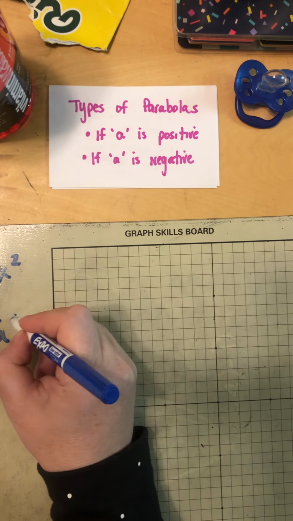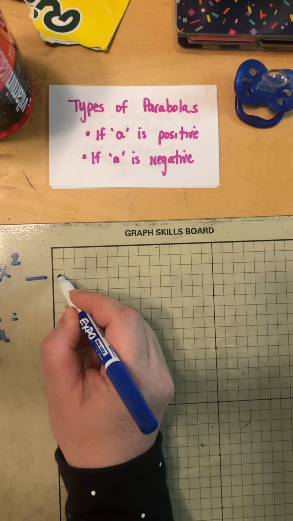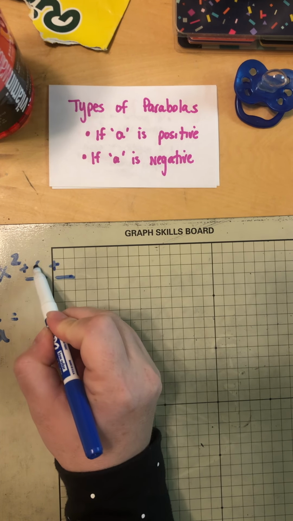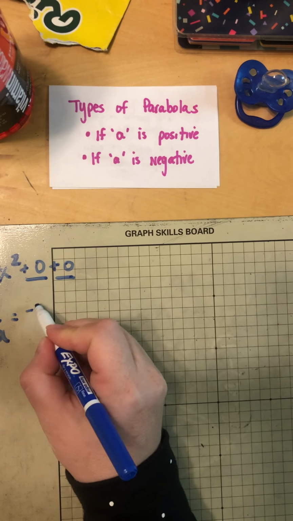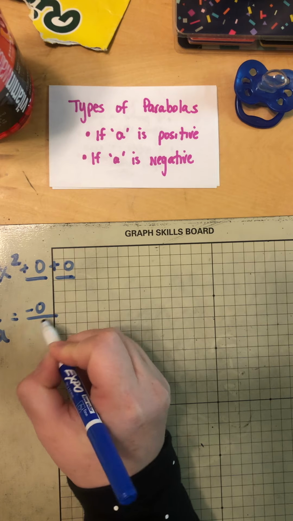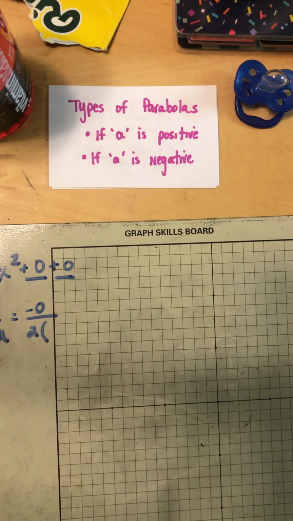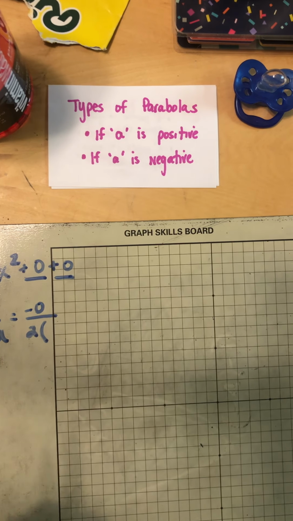Negative b again is going to be, there's nothing here and there's nothing here. If there's nothing there, then you're going to put a 0 and a 0. So it's going to be negative 0, or just 0, doesn't matter, over 2 times your a. Remember, what's in front of your x squared is going to be just your 1 right there.